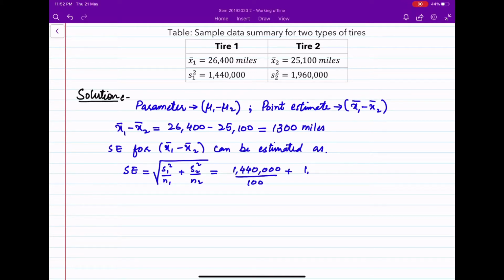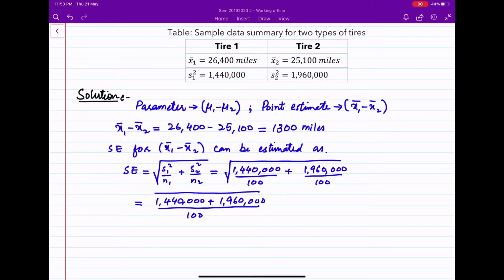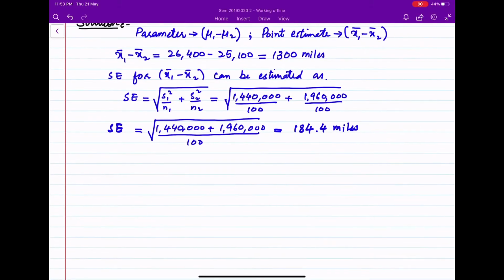We just insert the values given in the table, and after calculating it, the answer should be 184.4 miles. So the standard error in our measurement is 184.4 miles. Now we have to construct a 99% confidence interval.